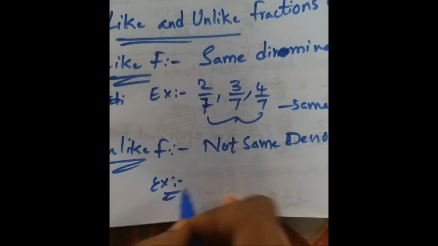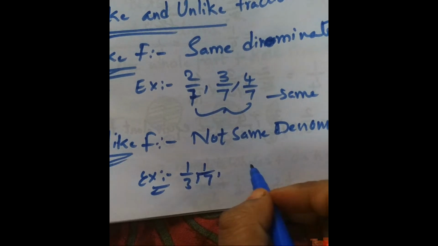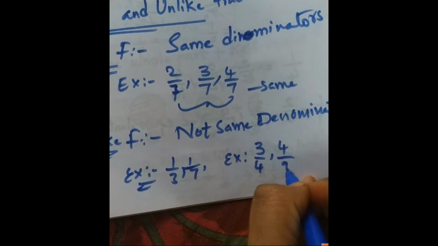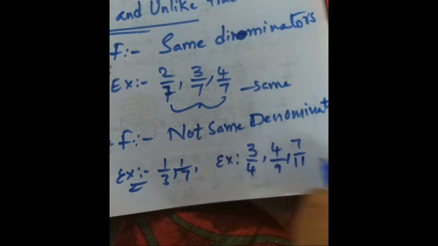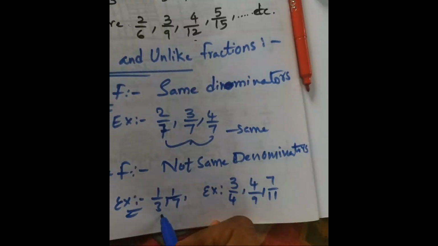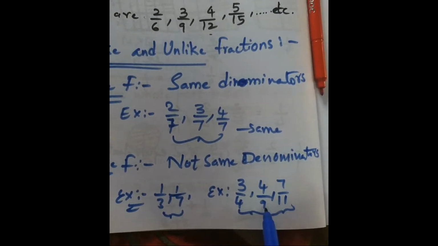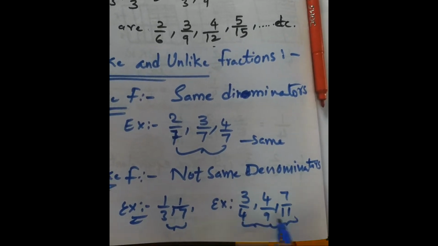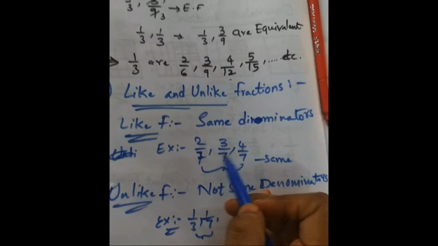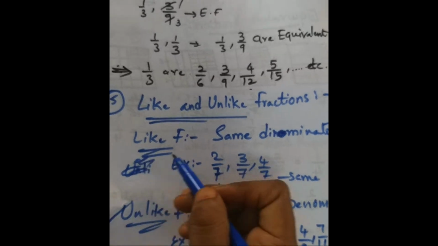For example, 1 by 3 and 1 by 7, and 3 by 4, 4 by 9, and 7 by 11. These are called unlike fractions. We check only the denominators, children. If they are different, they are called unlike. If the denominators are the same, we say it is a like fraction.